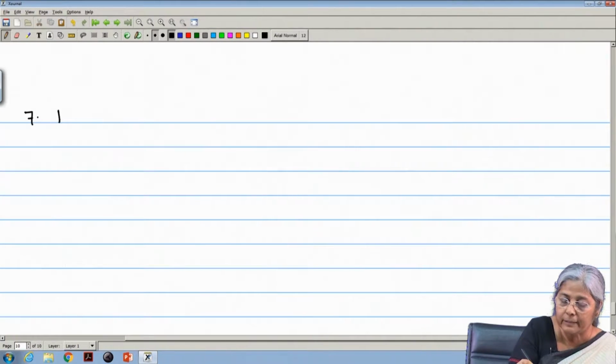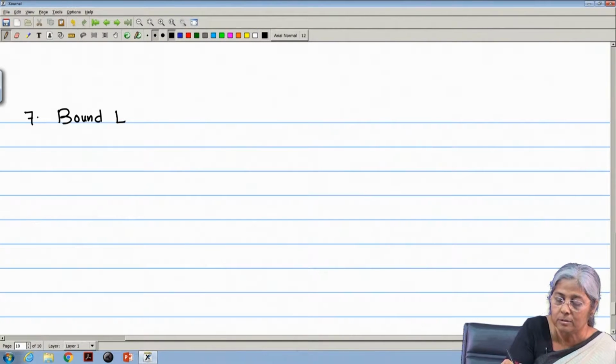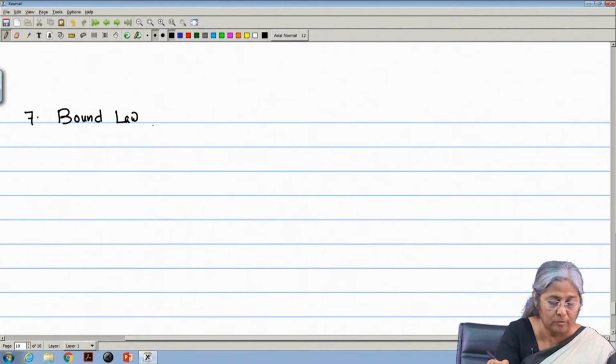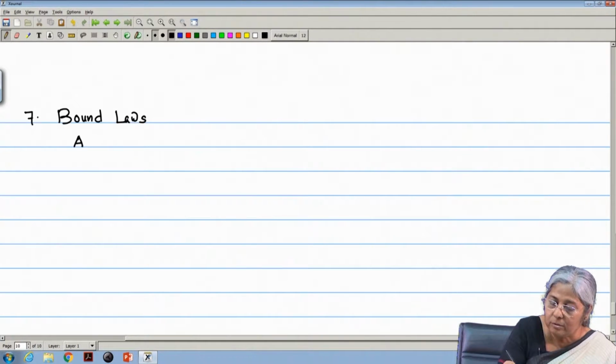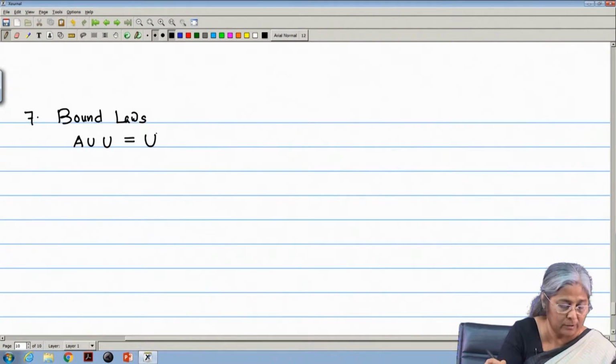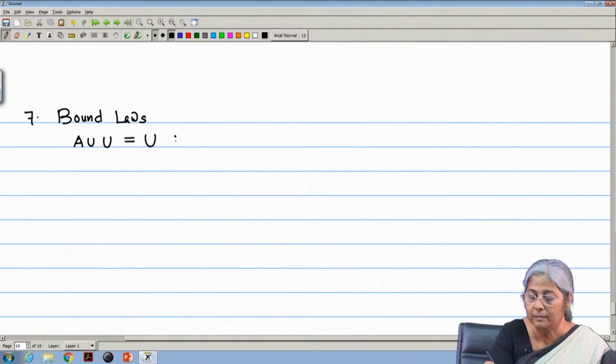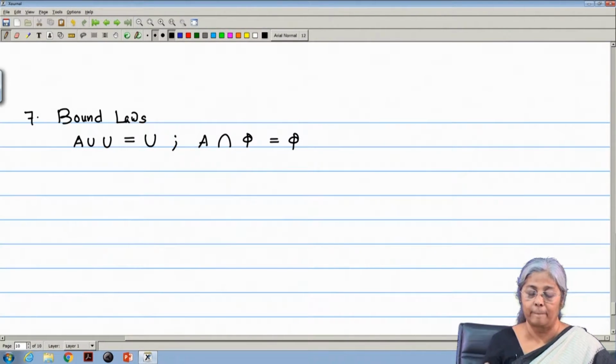The seventh law gives something on the bound. So, these are the bound laws, either lower bound or upper bound. So, A union the universal set is the upper bound, that is the universe only. Similarly, if I take A intersection the null set, which is the lower bound, it is the null set.